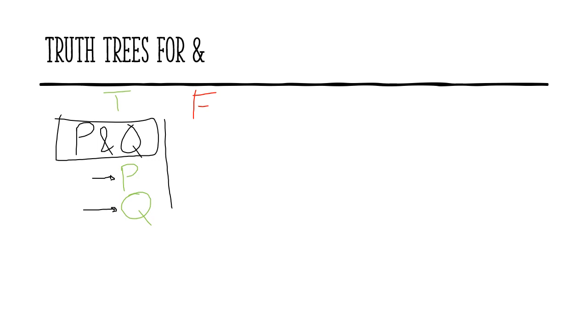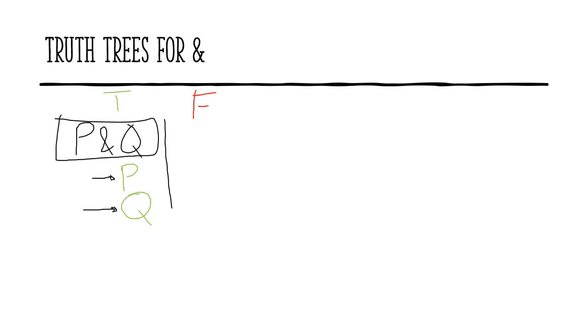So when we encounter an ampersand on the left side of our truth tree, and it's the main operator, we're just going to break it down into its two pieces, and we're going to put them vertically underneath of it on the left side, because that's what makes it true.